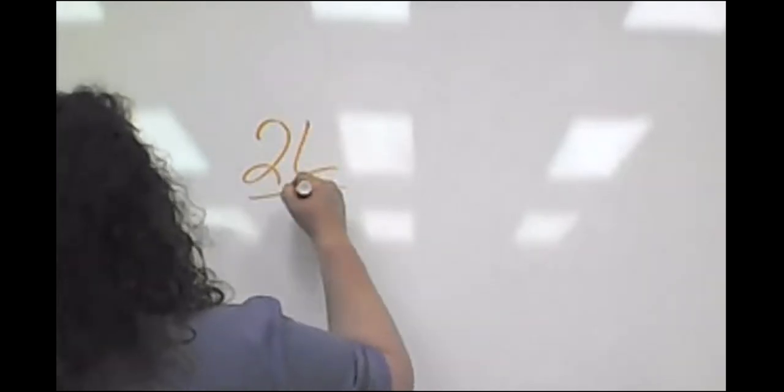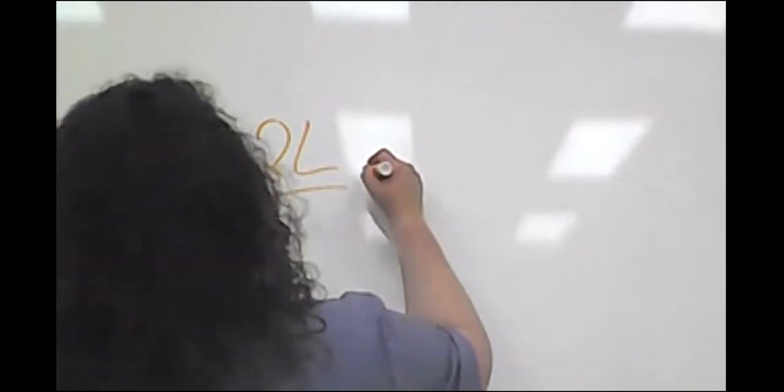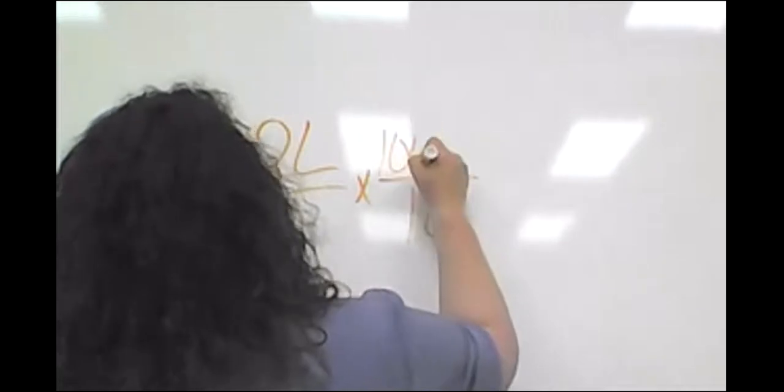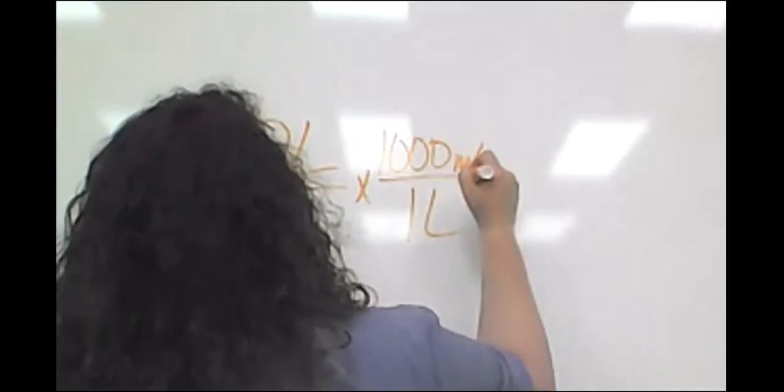So we're going to start out setting this up much like the example from 21.6. We're starting with a 2 liter IV bag, right? 2 liters over 1. We know that for every 1 liter, we have 1,000 milliliters, right?